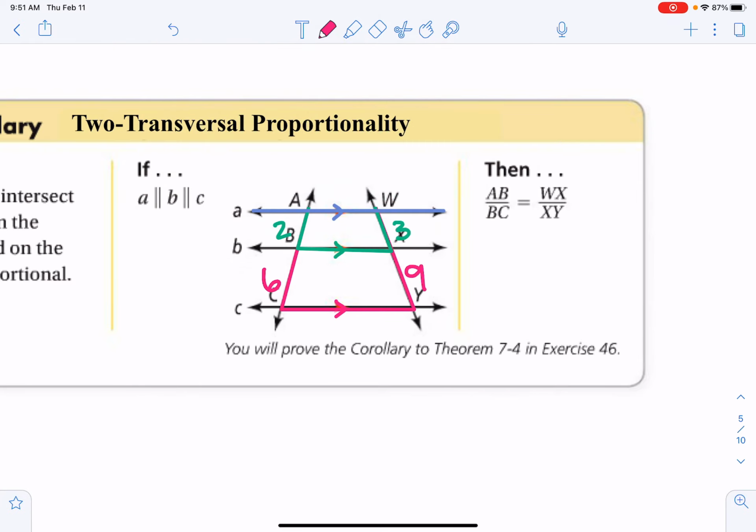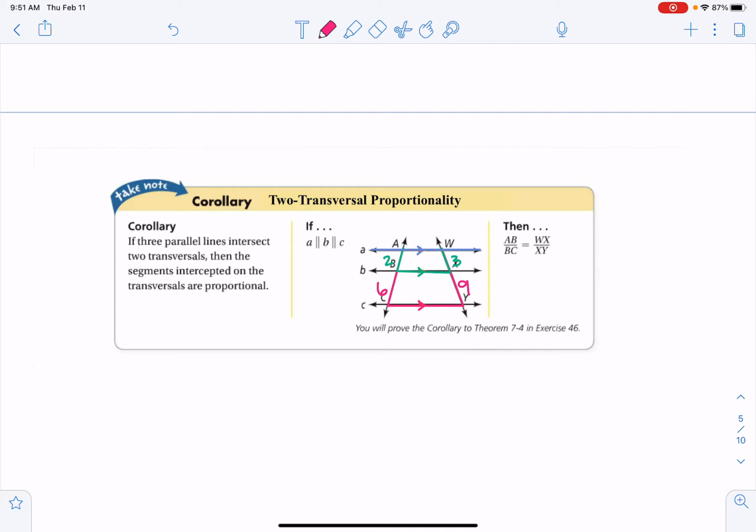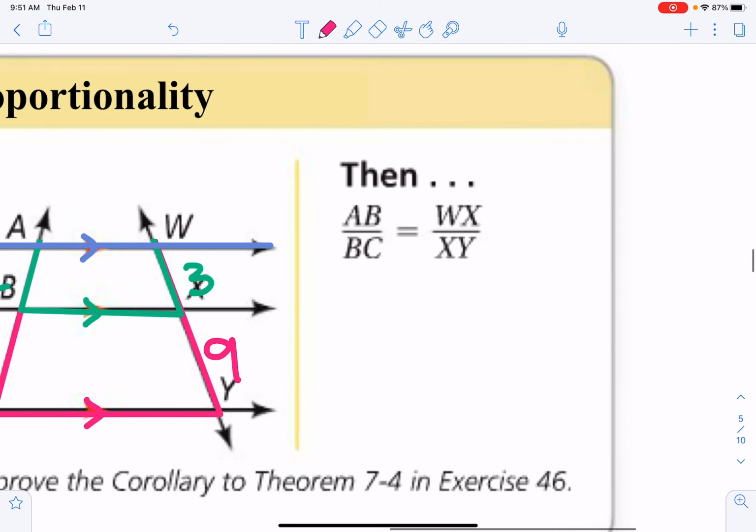So same kind of ratio, the top over the bottom equals the top over the bottom, or vice versa, 6 over 2 equals 9 over 3. It's just the top of the triangle is kind of cut off this time. So transversal proportionality. I'll circle this for you guys.